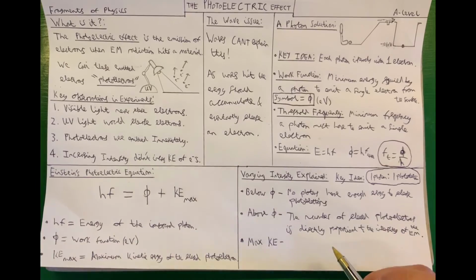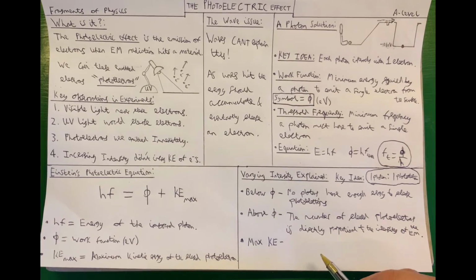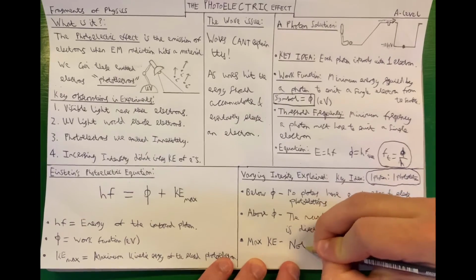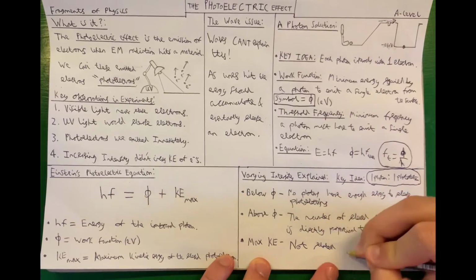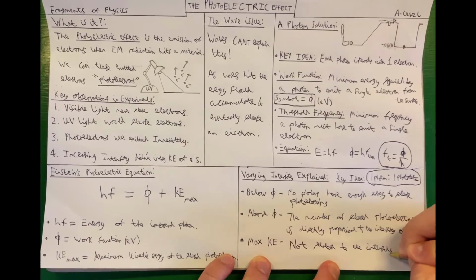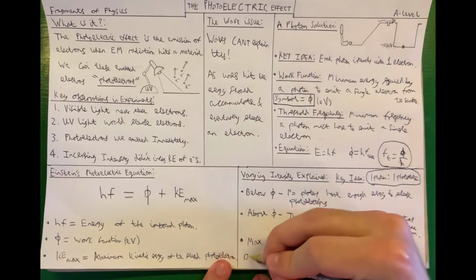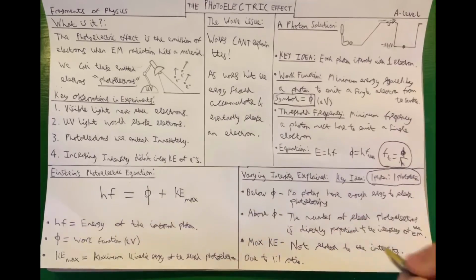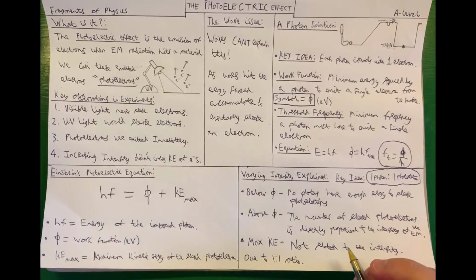Now, in terms of the maximum KE, well, we found in the experiment that this was not related to the intensity. And that's again due to the 1-to-1 ratio. Because each photon is only interacting with one electron. And so my maximum KE is purely decided by the energy of the photon, which is from Einstein's photoelectric equation.